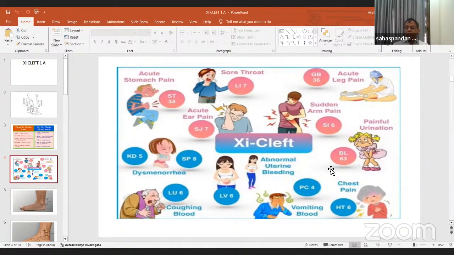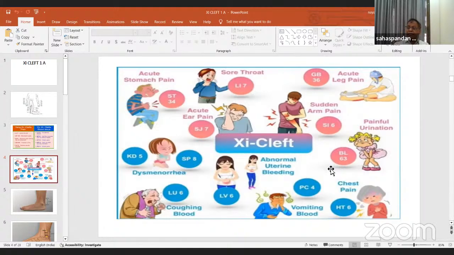It is used for sciatica pain on the lateral side of the leg, and you can also combine one more point, bladder 62.